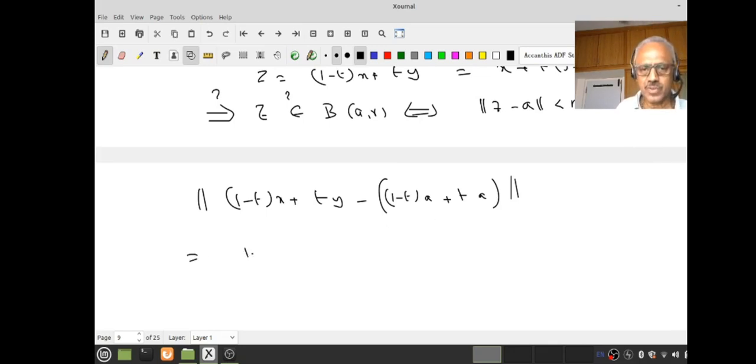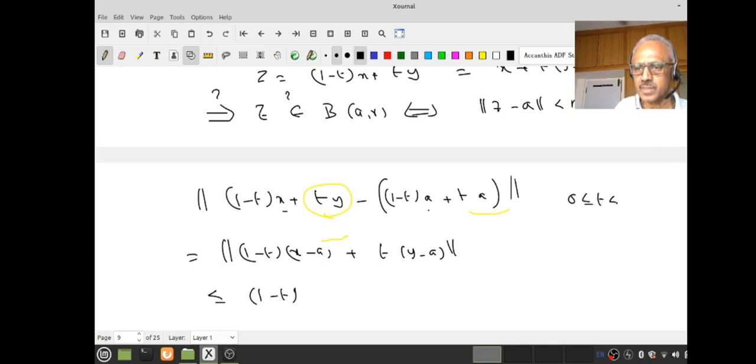Now this is going to be (1 minus t) times (x minus a), plus the second term, t times (y minus a). By the triangle inequality, remember 0 is less than or equal to t is less than or equal to 1, therefore 1 minus t is non-negative, so it comes out: (1 minus t) times the norm of x minus a, and t, for the same reason, times the norm of y minus a.